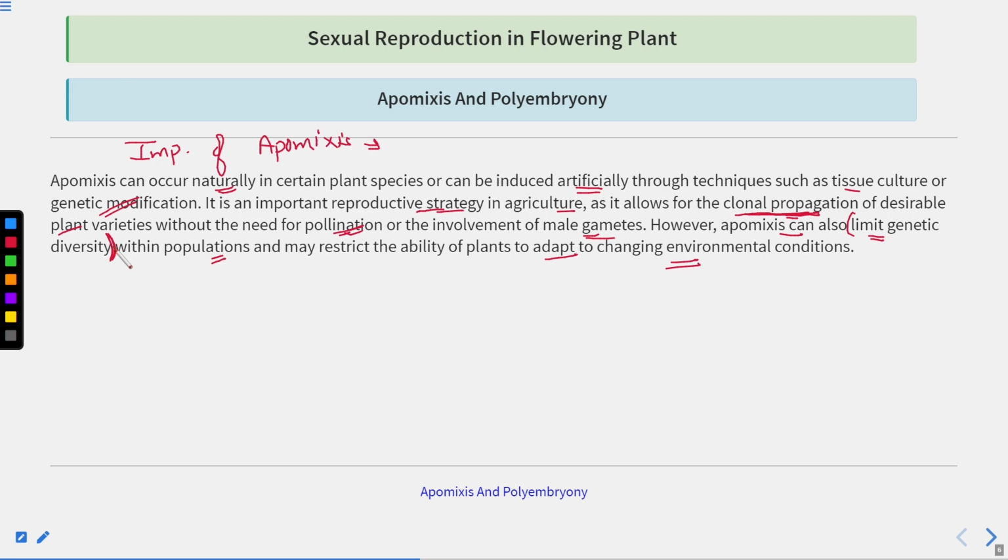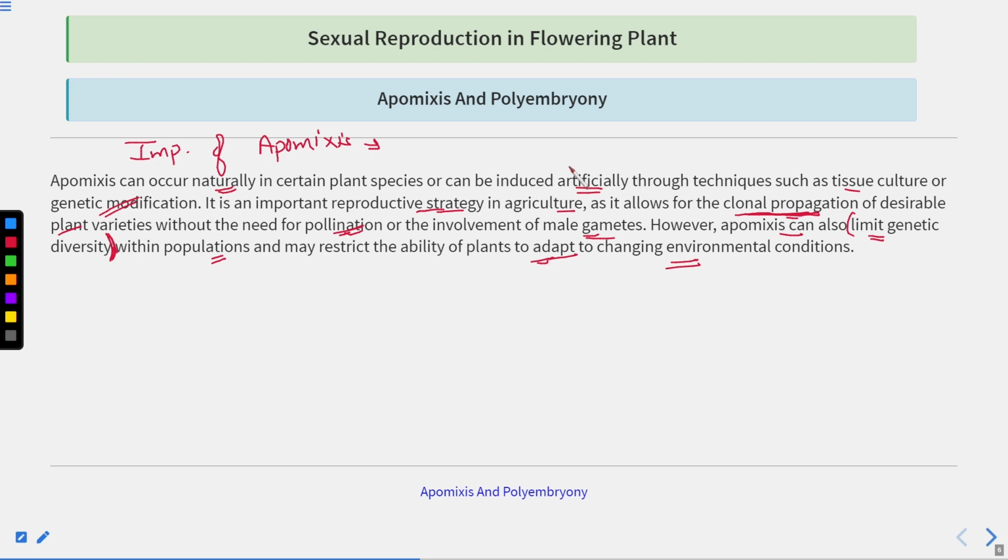Because if two gametes are involved from two different parents, then after the fusion of the gametes, they will receive the genes from both of the parents. But in apomixis, there is no fusion of the gametes, and that's why it can limit the genetic diversity, and this can affect the survival of the plant.